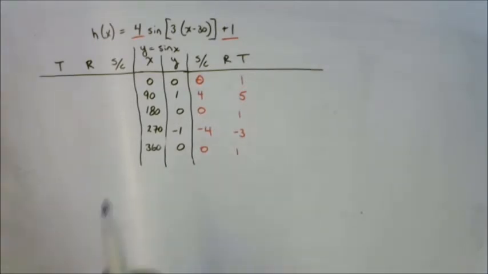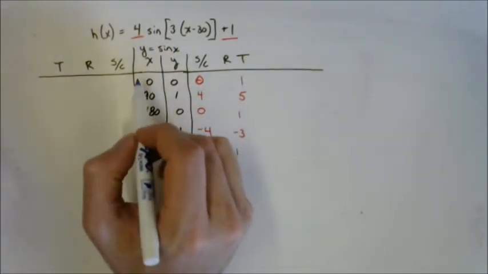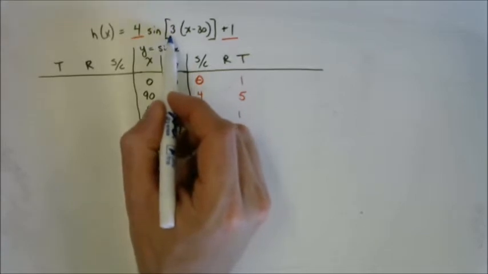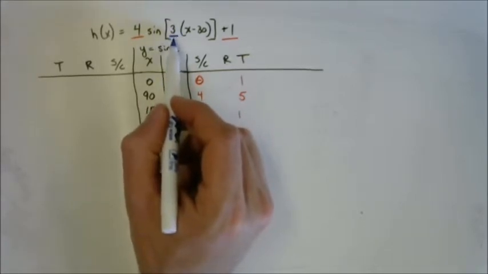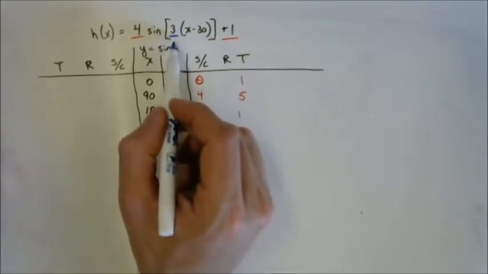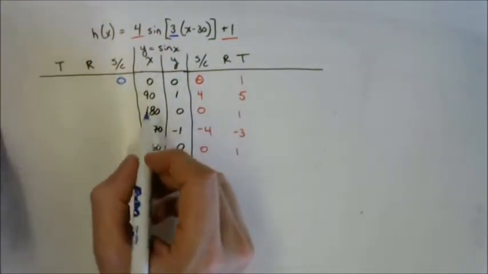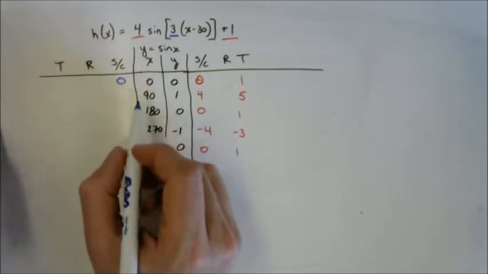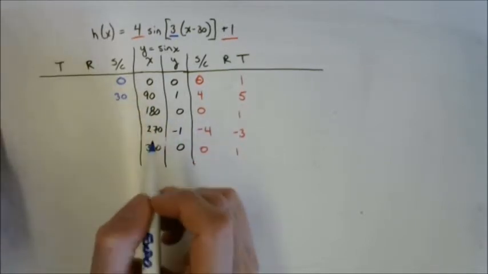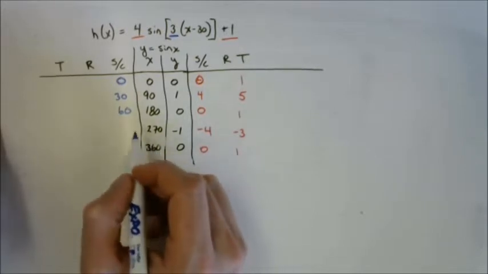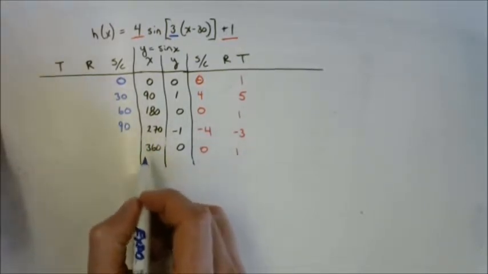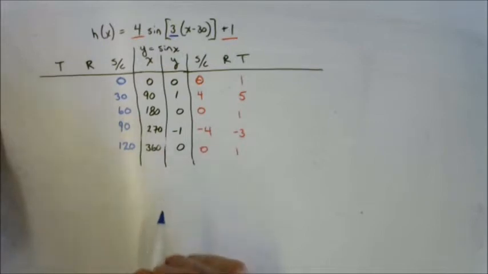Now we can look over to our x coordinates, our horizontals. There's going to be a compression by a factor of 1/3. So 0, 0 is not going to move. Compression by a factor of 1/3, that means 90 becomes 30, 180 becomes 60, 270 becomes 90, 360 becomes 120.